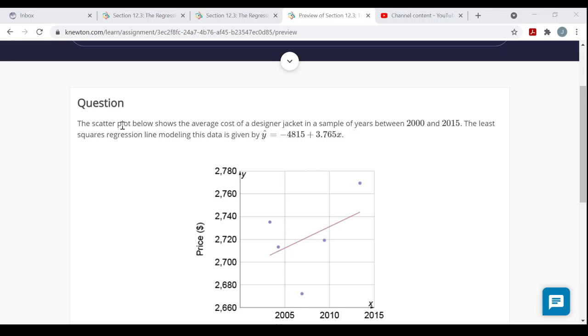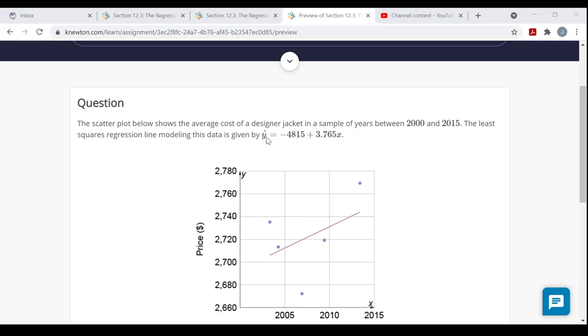Okay, so the scatter plot below shows the average cost of a designer jacket in a sample of years between 2000 and 2015. So the least squares regression line, the best fitting line modeling this data, is given by y hat. They always use the y hat for the line, the predicted values instead of the actual values.